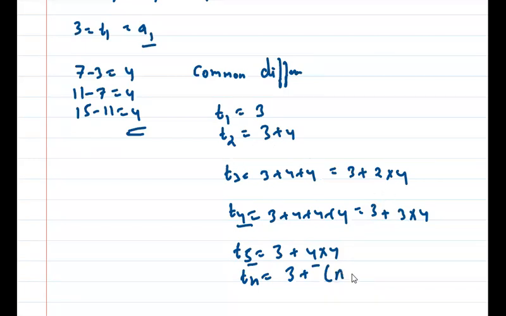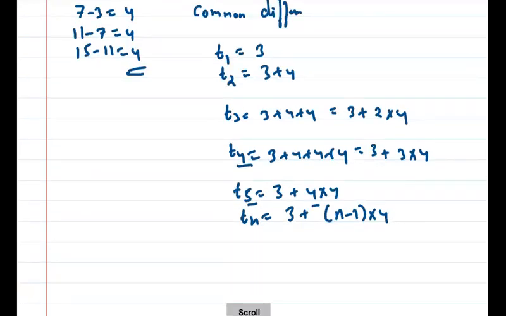So it is n minus 1, into 4. This is the pattern, yes or no? Tell me, yes or no? Clear? Think about it. This is the pattern, right? So I can say, okay, Tn is equal to 3 plus n minus 1 into 4, right?